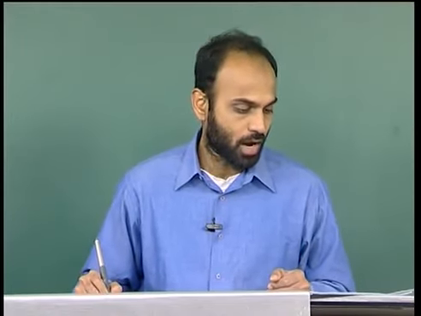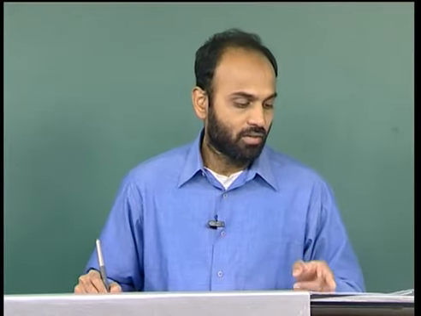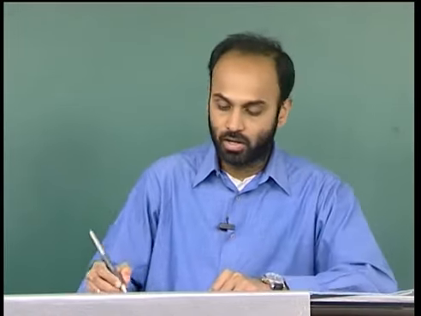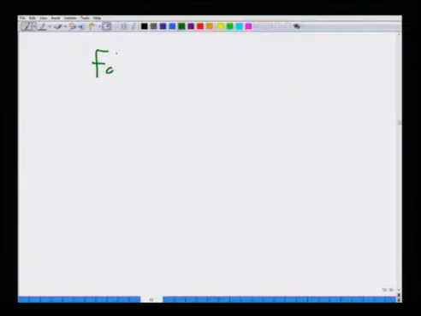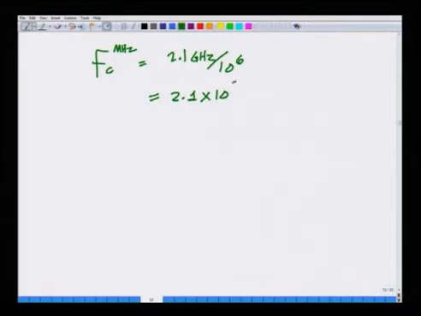So, using the Hata model, first we have to convert the frequency into megahertz. So, Fc in megahertz is equal to 2.1 gigahertz divided by 10 power 6, that is nothing but 2.1 into 10 power 9 divided by 10 power 6, that is nothing but 2100.